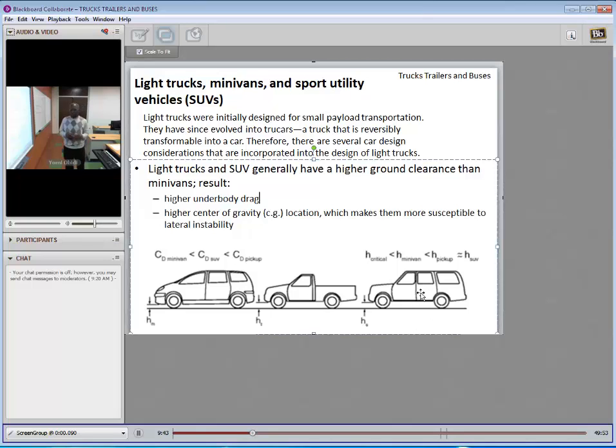And that's why for quite some time there were roll-over problems with SUVs, because they're relatively higher from the ground. We didn't have that problem, not nearly to the same extent, with minivans. It has to do with the location of the center of gravity.